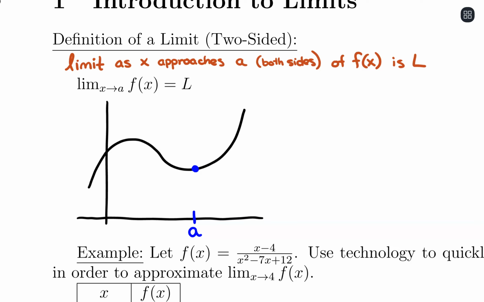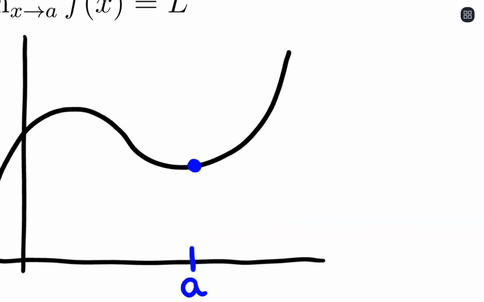I'll talk about what happens if we're undefined. So this idea of a limit, x approaching a from both sides, it's this zoomed in idea. If I get really close to that coordinate, the coordinate a, f of a, let's just say this is where x is equal to a, because we're going to change up that notation in a bit. But what we're doing is it's like we're walking along our function.